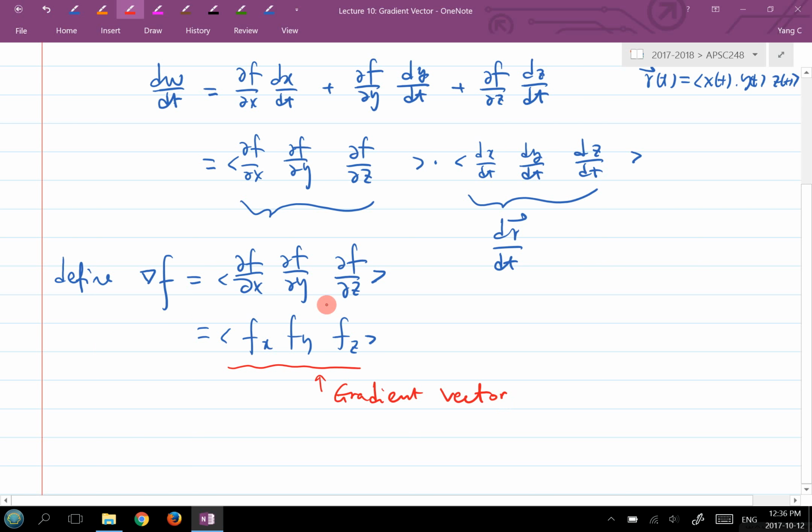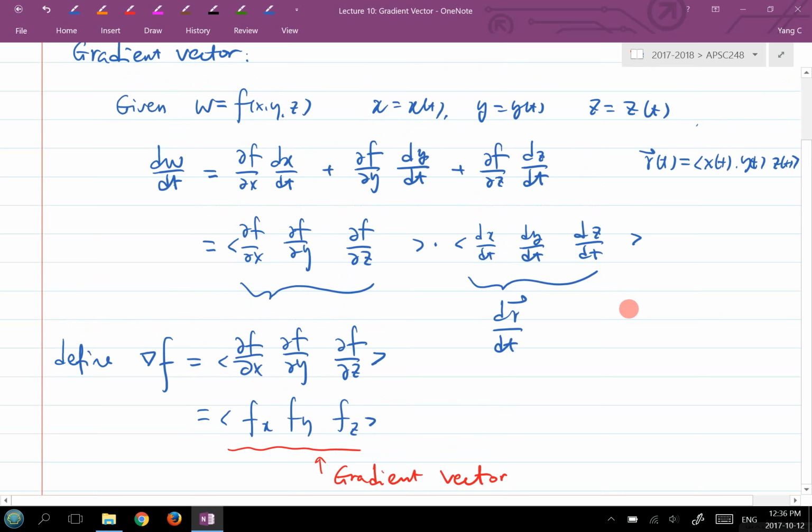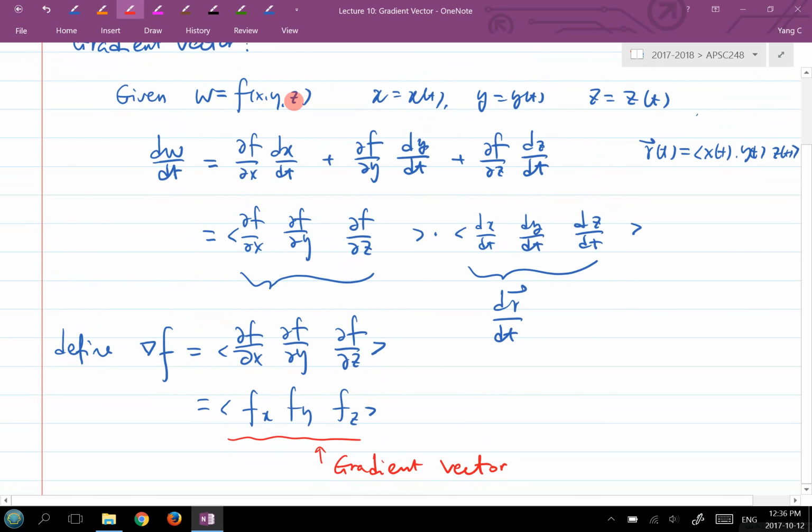Now, if you visualize in your head, you have a function of three variables, and the gradient vector has three components. The first is its partial derivative with respect to x, the second is y, the third is z. If you have the function given, you calculate the three partial derivatives, and each component will be a function of x, y, z.